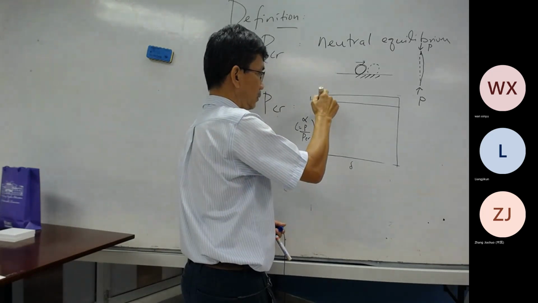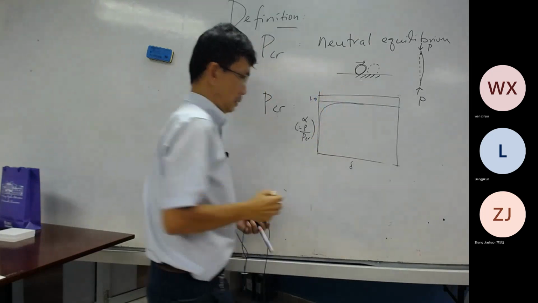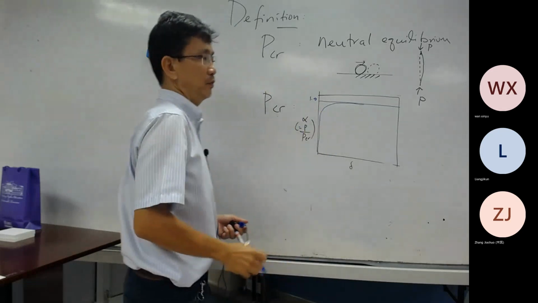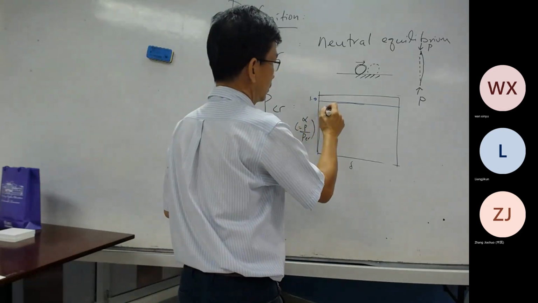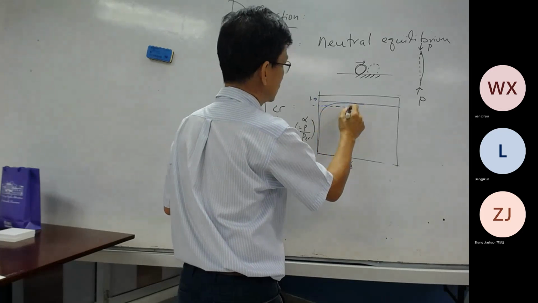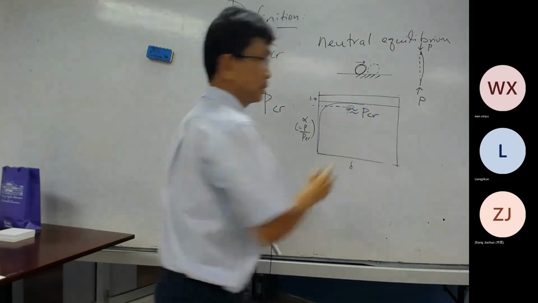Then at a certain level, when the load is increasing and approaching P critical, the deflection increases without bound. So this is the behavior of an imperfect system. When it becomes large, we can set this as an approximation of the P critical.